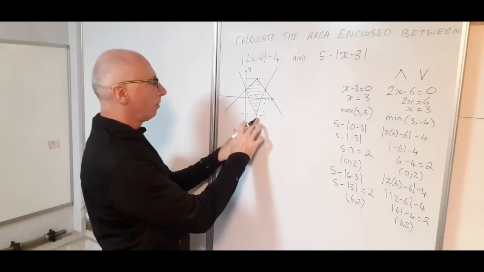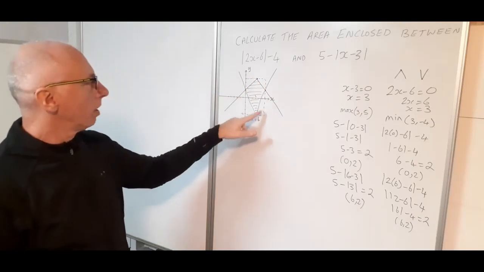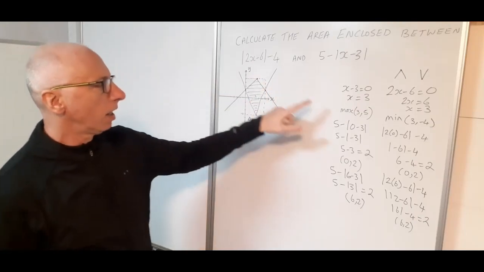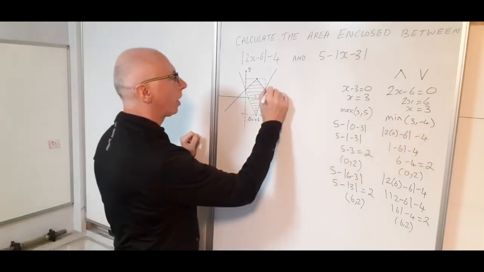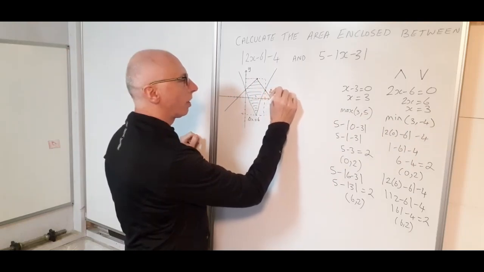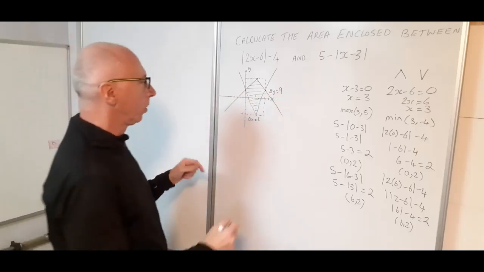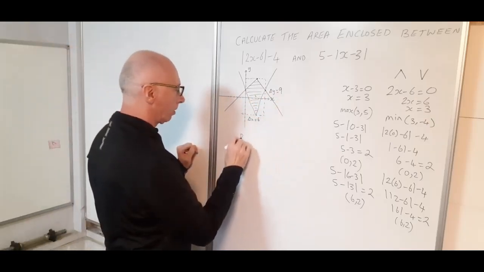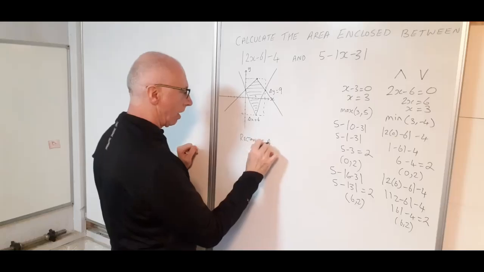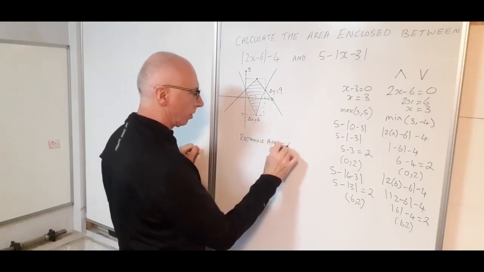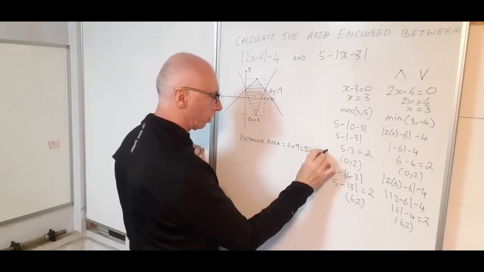So our change in x will be 6, and then the change in y, well, I've got a value here of 5 and a minus 4. So 5 here and minus 4. So the change in y equals 9. So then I've got a rectangle of area 6 times 9, which is 54 units squared.